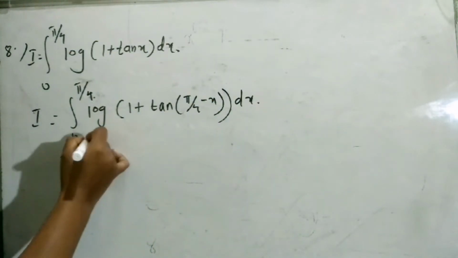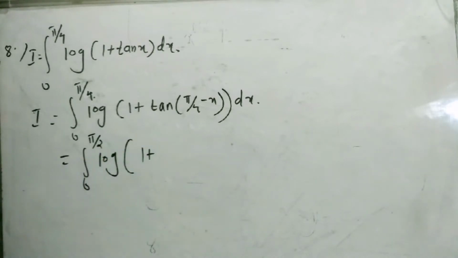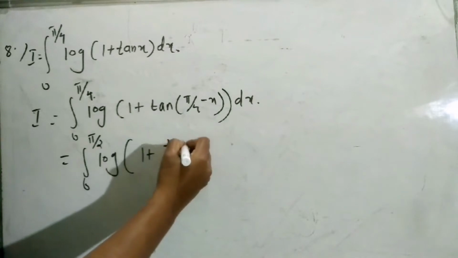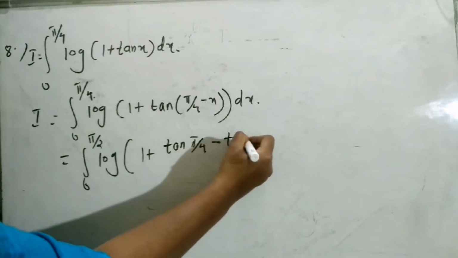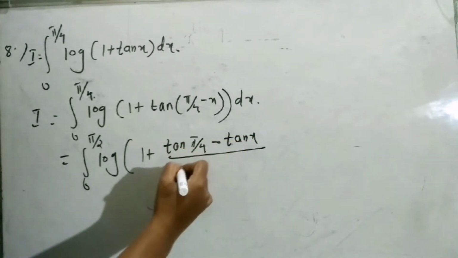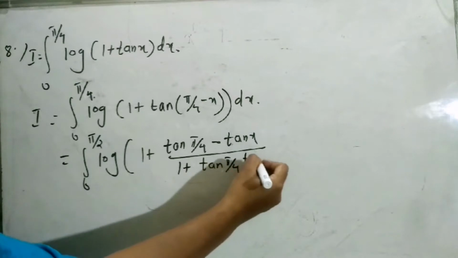And this is equal to integral 0 to pi by 4 log of 1 plus tan of a minus b, which is tan a minus tan b divided by 1 plus tan a tan b.